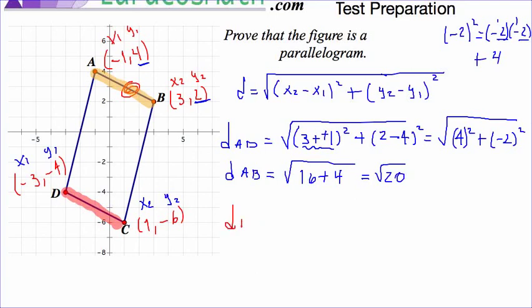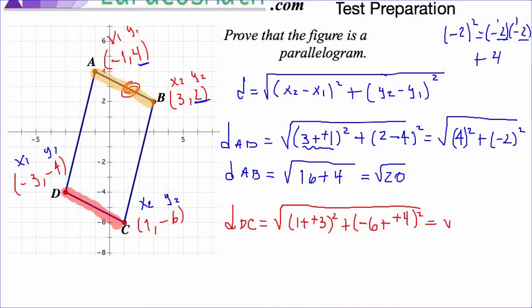So distance DC is square root, and I have x2, which is 1, minus x1, that is -3. This goes square, plus parenthesis now, y2 is -6 minus y1 is -4. -4, it's a double negative. So this goes square.